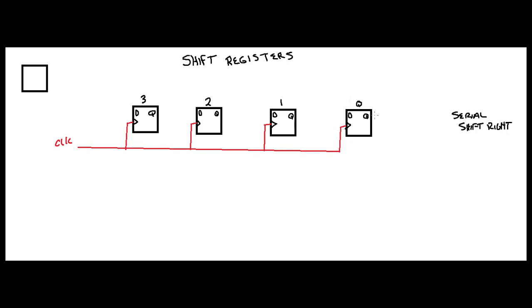Remember, Q is your output. So if we're going left to right, this is an output here. This is going to be Q0, and this is your output. Got it? Now here, this one's going to be right there. This one right there, that's simply going to be Q1, isn't it?